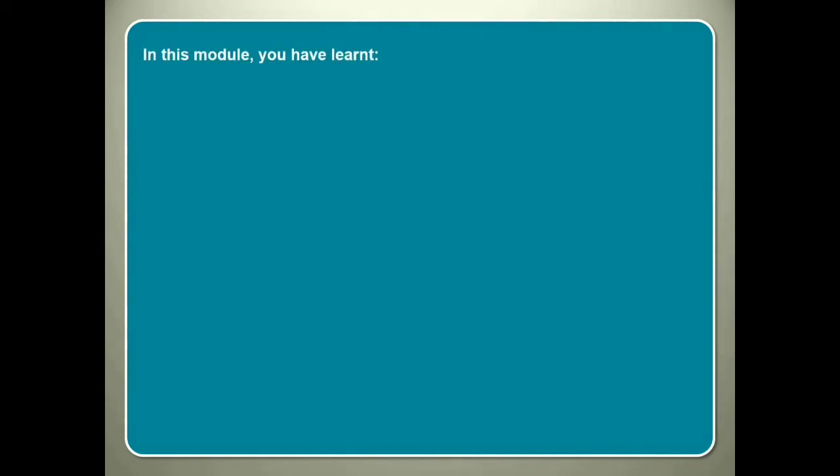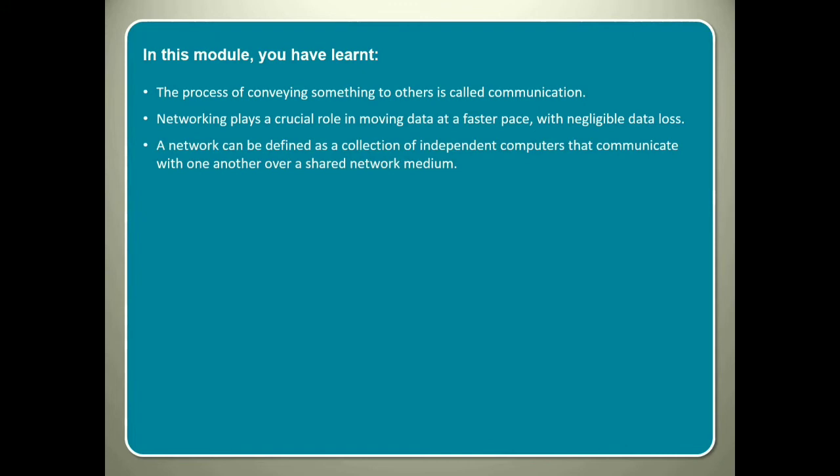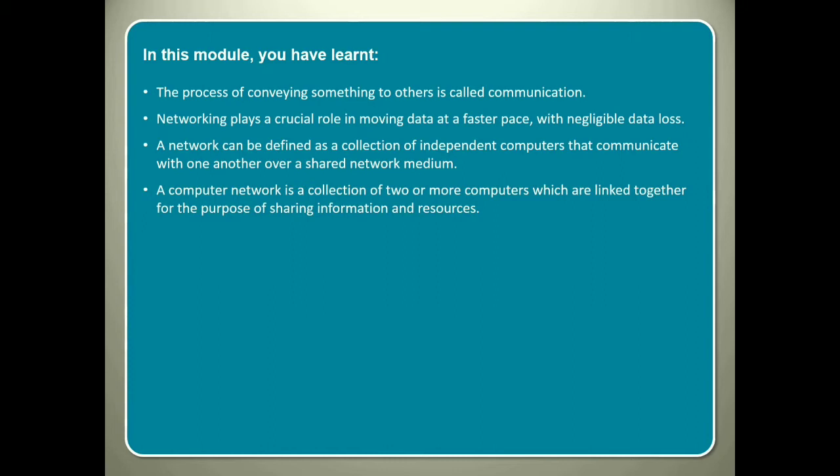In this module, you have learnt that the process of conveying something to others is called communication. Networking plays a crucial role in moving data at a faster pace with negligible data loss. A network can be defined as a collection of independent computers that communicate with one another over a shared network medium. A computer network is a collection of two or more computers which are linked together for the purpose of sharing information and resources.